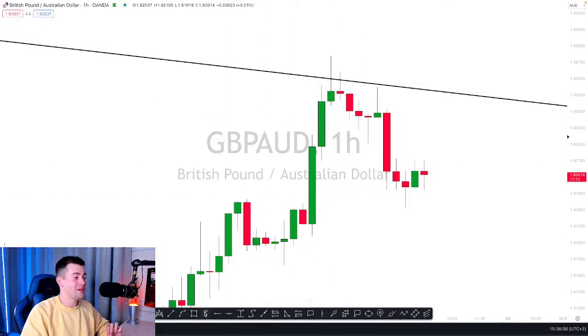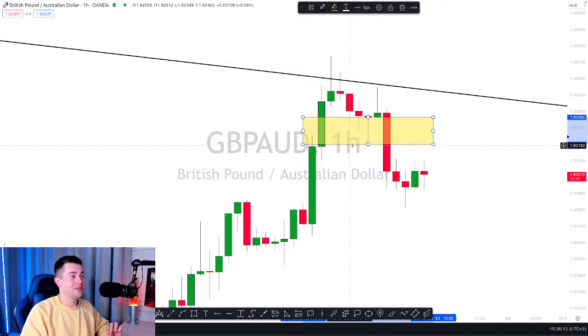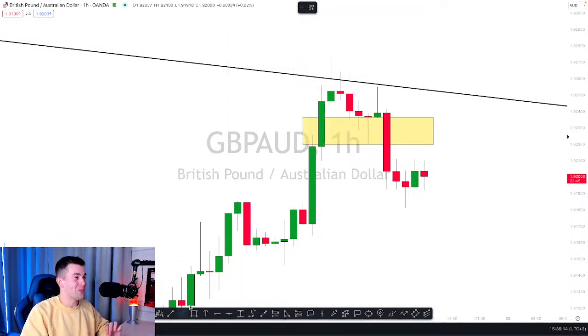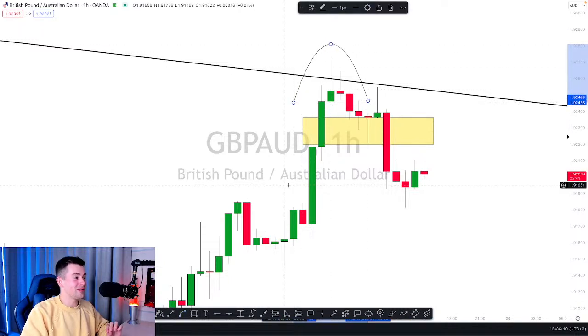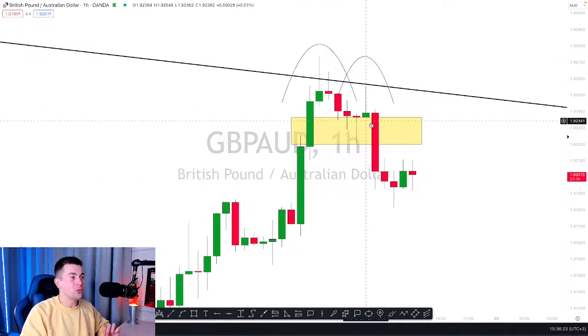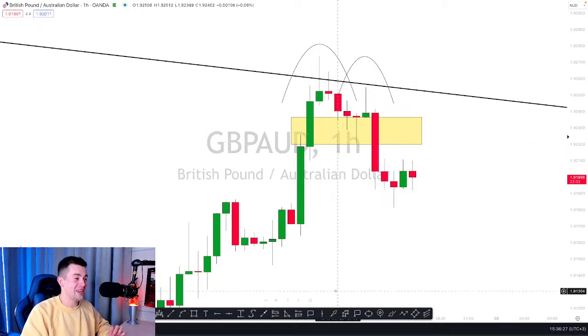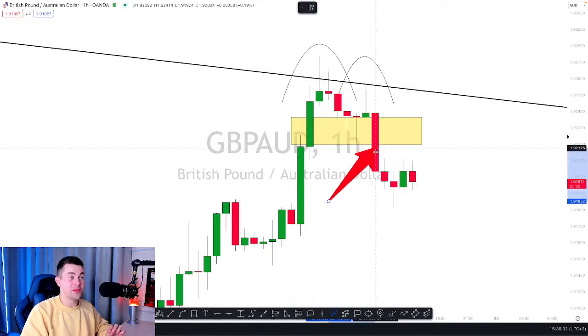We have here a very nice cup and handle pattern. Here is the neckline of the pattern, and here is the cup, and here is the handle. And take a look how nicely the price violated the neckline of the pattern with that strong high momentum bearish candle.